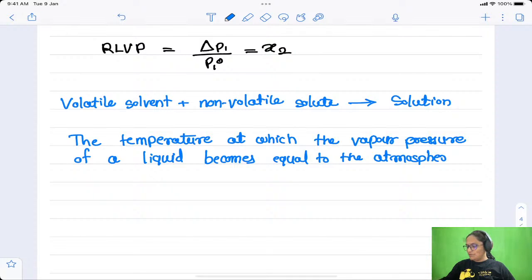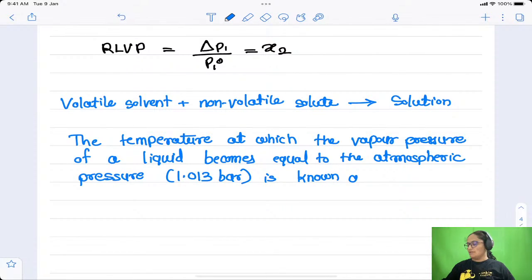Atmospheric pressure is nothing but 1.013 bar. This temperature is known as the boiling point temperature of that liquid.